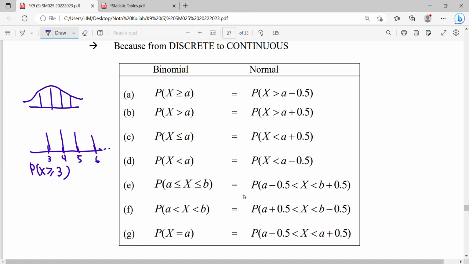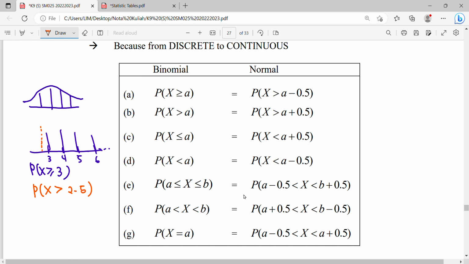Your boundary will be located before 3. Correct? Betul? The boundary is before 3. So when you're doing CC, continuity correction, it will be X more than the value before 3, so the value will be 2.5.